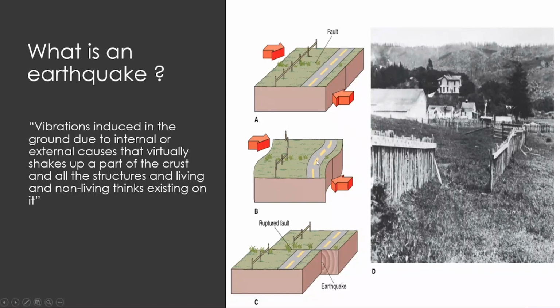At one point this process will exceed the strength of the rock, and it will break the rock. So when the rock breaks, what will happen? All this energy which was accumulating in these rocks for a period of hundreds of years will be released in a very quick way. So that release of energy is called an earthquake.